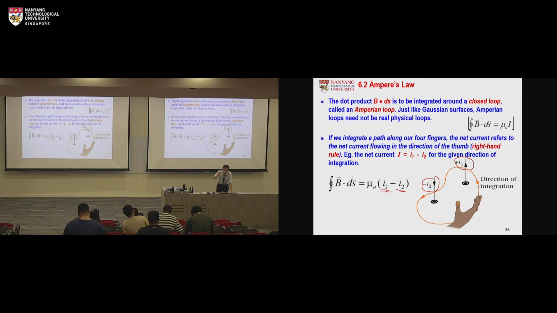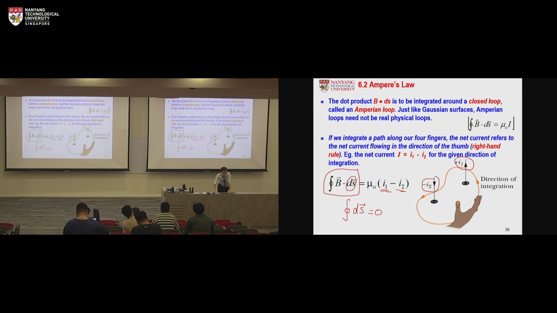So for your question just now, this one, of course, if you just do this, this is going to be 0. But this being 0, this one does not necessarily have to be 0, because this vector B is also not a constant.